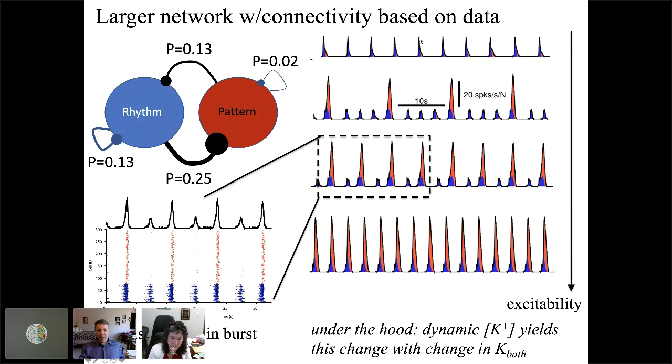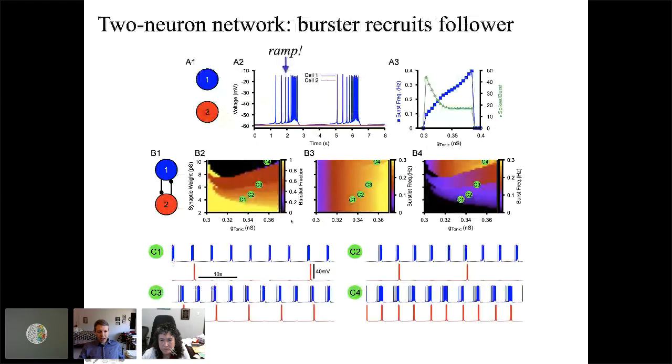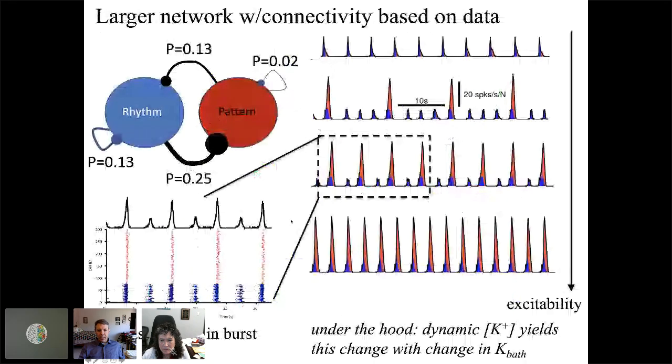And so as we vary the excitability of the neurons, which is very much like varying G-tonic in this picture, we can get these different burstlet fractions.